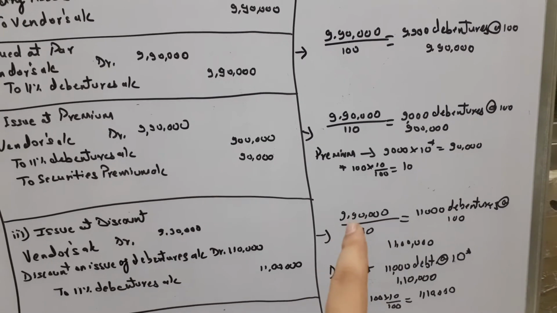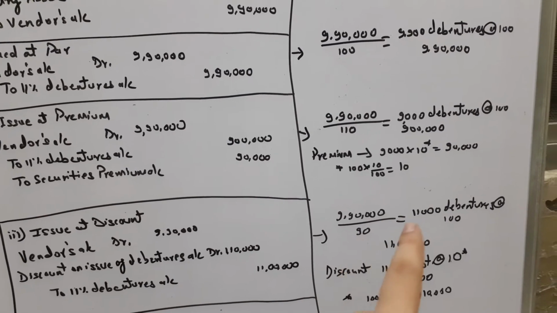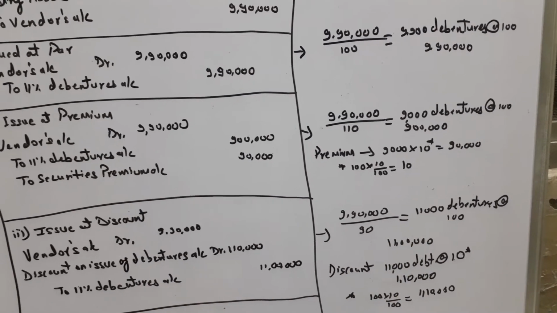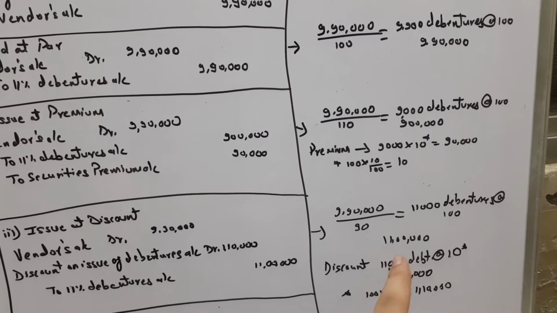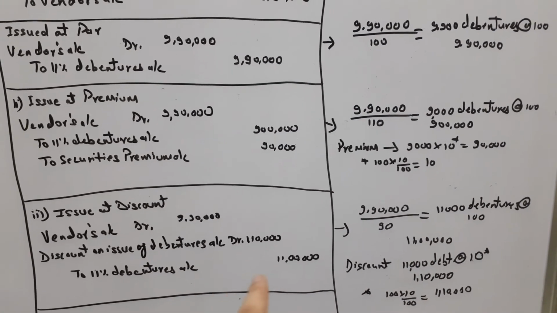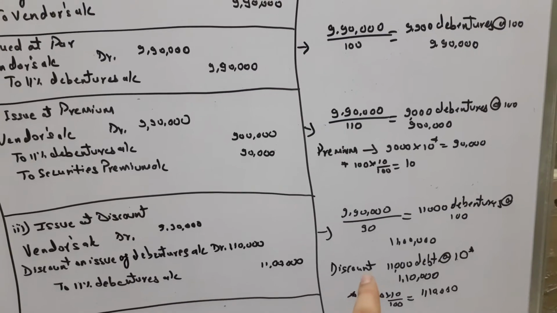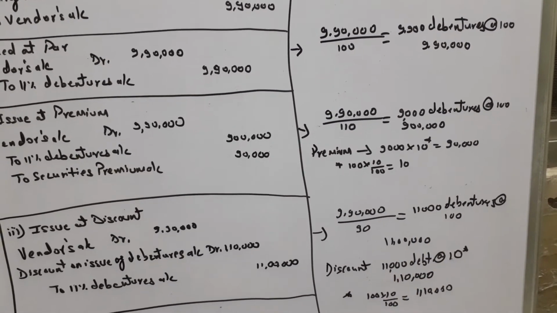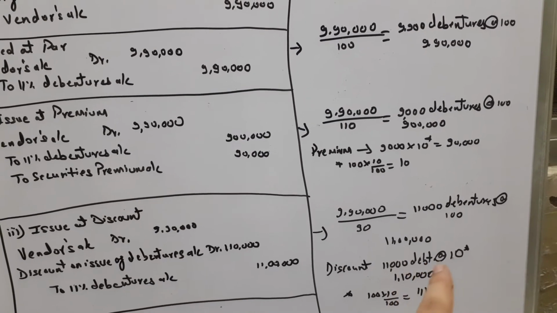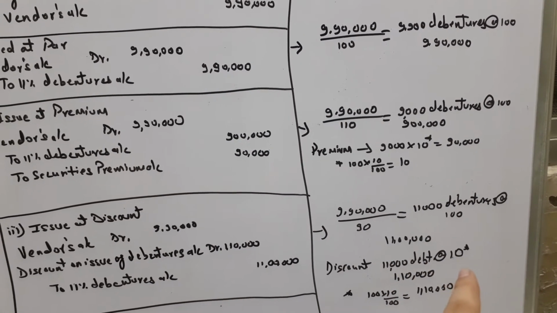So 9,90,000 divided by 90 gives you 11,000 debentures. When you multiply 11,000 debentures by 100, it gives you 11 lakh. This 11 lakh has been shown in 11% debentures account. For the discount amount, 11,000 debentures we have already calculated, multiplied by 10. 10 is your discount amount.